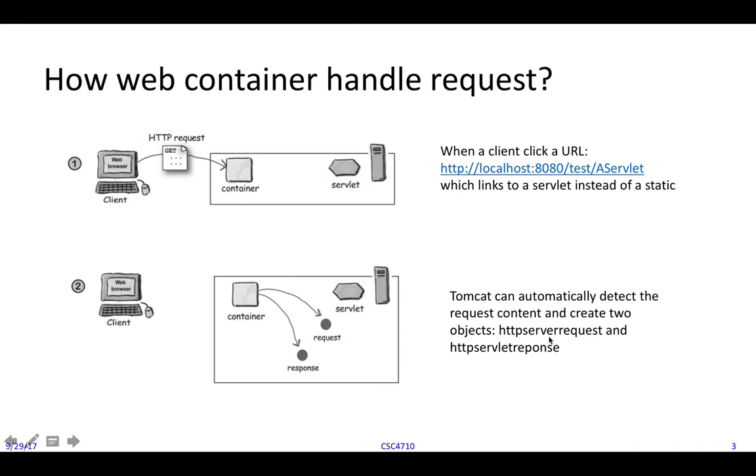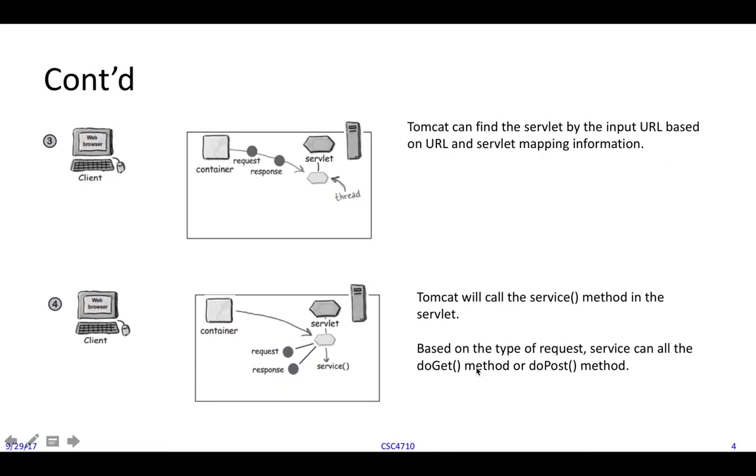Also, HttpServletRequest and HttpServletResponse are subclasses of the request and response. And what's next? Tomcat can find the servlet by the input URL based on the URL and servlet map information.